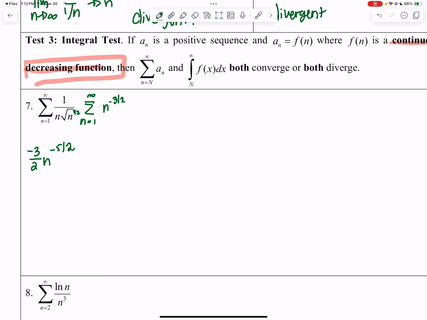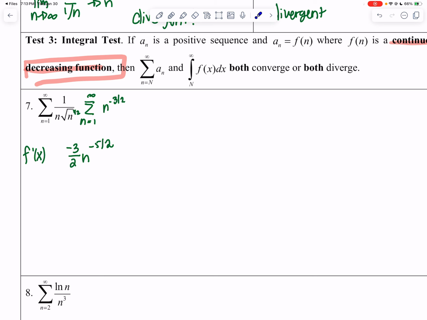So I have negative 3/2 is equal to n to the negative 5/2. That is my derivative here. My critical point is just at 0.